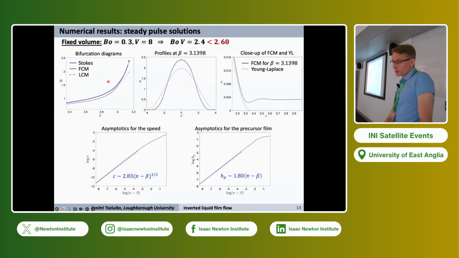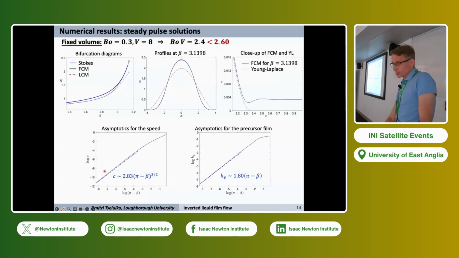This agreement between all these models can be made better when we consider a smaller Bond number. Solution profiles at beta close to pi are shown in this plot, where we indeed observe good agreement between the FCM and Stokes solutions. We also compared our numerical results for the FCM model with the asymptotic analysis, and indeed we find very good agreement.